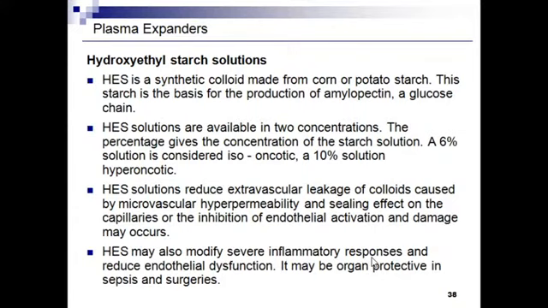And lastly, hydroxyethyl starch may also modify severe inflammatory responses and reduce endothelial dysfunction. It may be organ protective in sepsis and major surgeries.